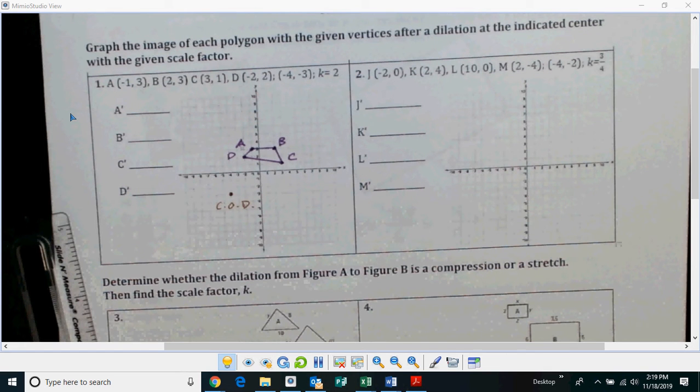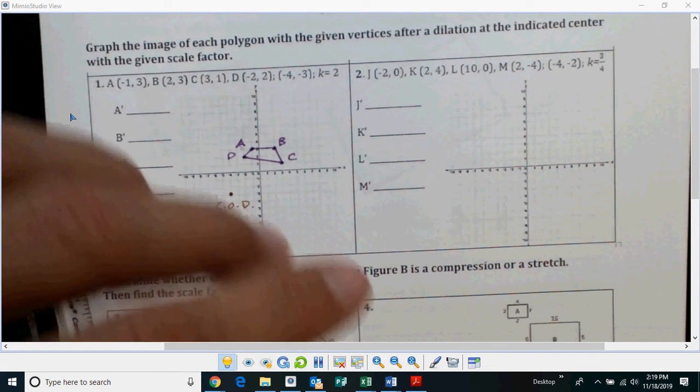Natalie, cell phone prison. So in other words, if I have something that's 1 unit away from the center of dilation, and my K is 2, my scale factor is 2, the new point will be 2 units away. If it were 4 units away originally, the new point will be 8 units away in the same direction.